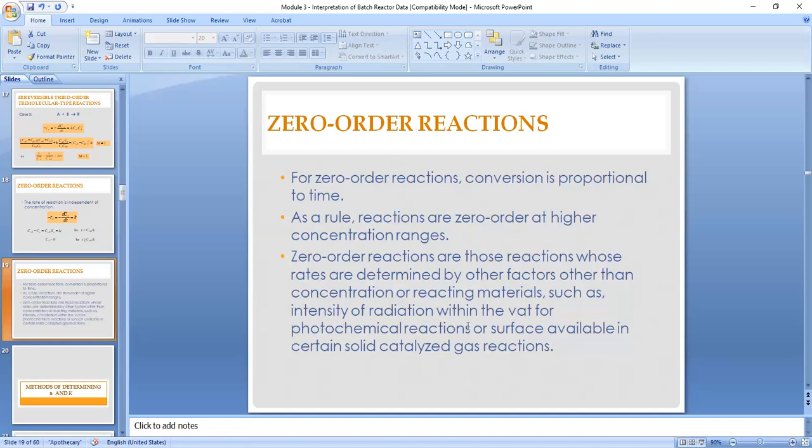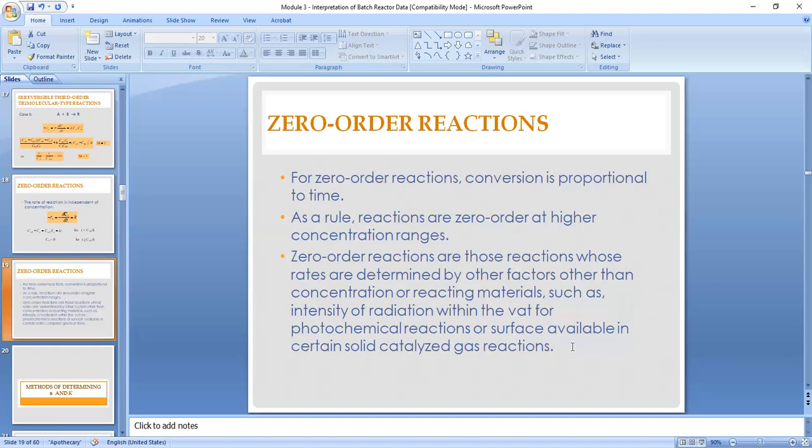So if it's going to be a first order reaction wherein there is some form of radiation happening in your reactor, then the intensity of that radiation will be a factor affecting the rate of reaction. In the case of photochemical reaction, that would be the case.